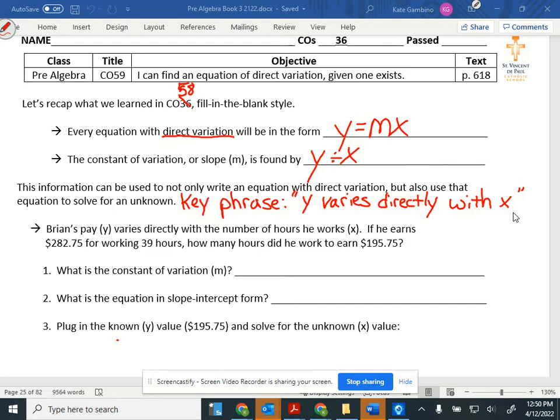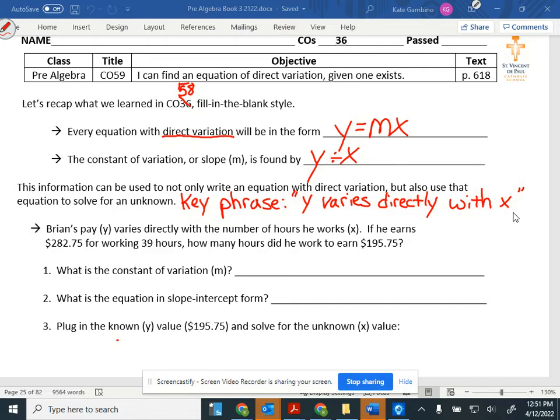They're going to put something in for y, and something in for x, and you need to know that the y is the thing that varies directly with the x. It's always set up this way. The y is the first thing, varies directly with the x. Super important that you know that y comes first, varies directly with, and then it's going to be the x.